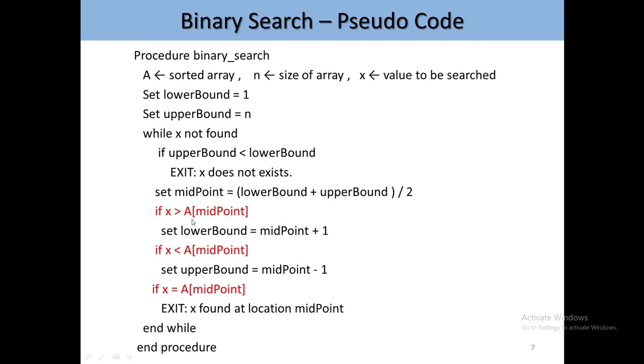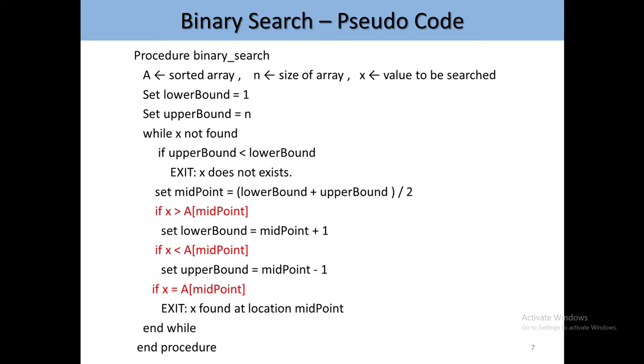If X is greater, in that case, we will simply ignore the first part. So the lower bound we need to adjust. Set lower bound equal to midpoint plus 1. So now the lower bound, instead of being 1, will be shifted to midpoint plus 1.